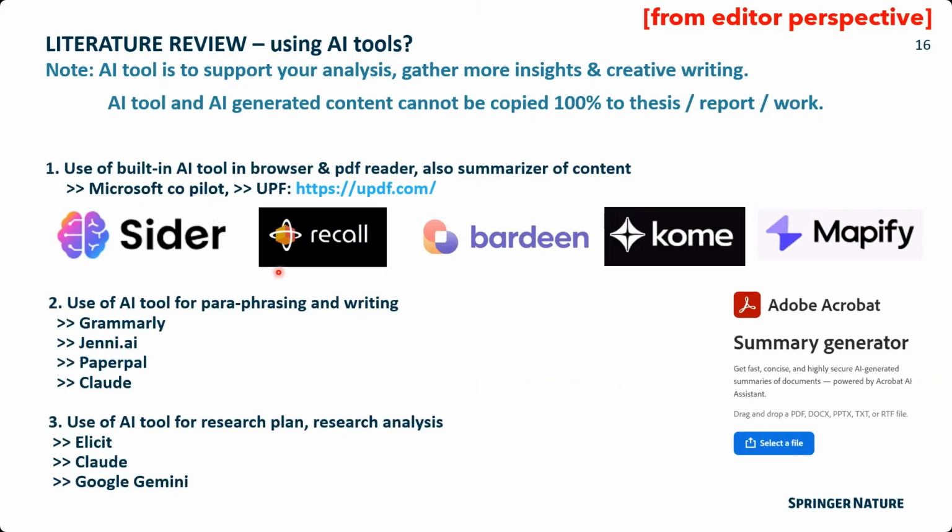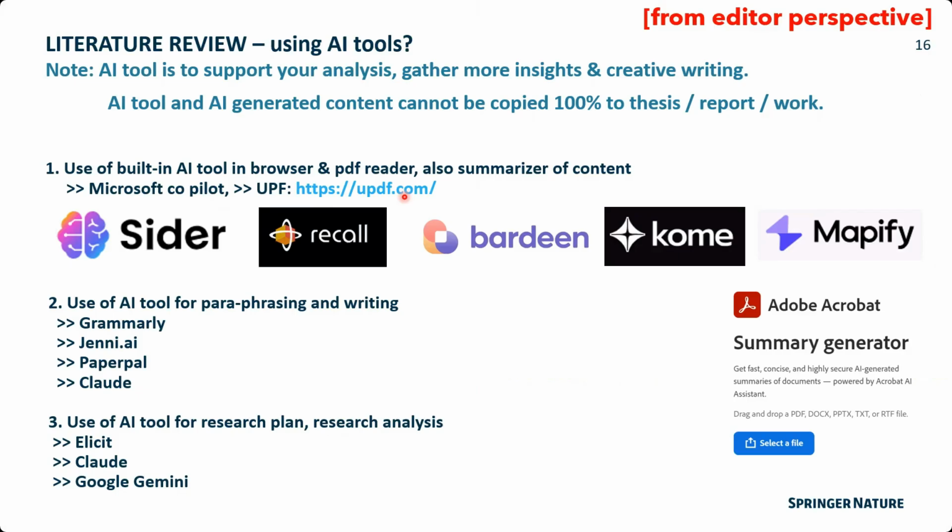Can you use a built-in AI tool in browser and PDF reader? Yes, you can. We recommend that. Like Copilot or UPDF, it helps you to summarize and interact with that material. And with a Springer Nature PDF file, the downloaded journal and ebook, if you right-click with an installed AI tool like Microsoft Copilot or even Google Gemini, it will interact.